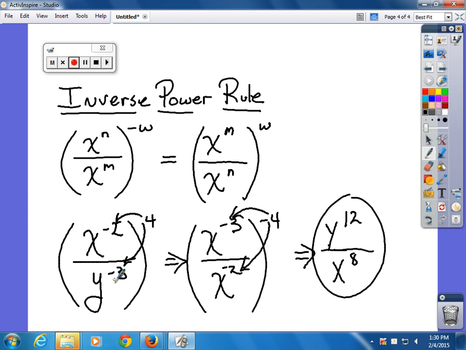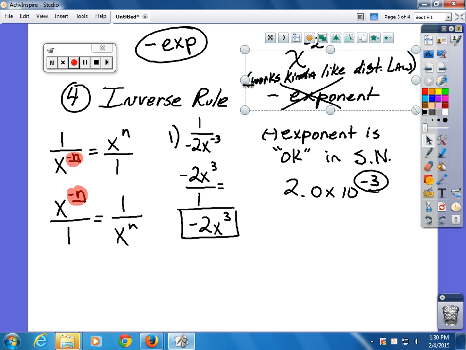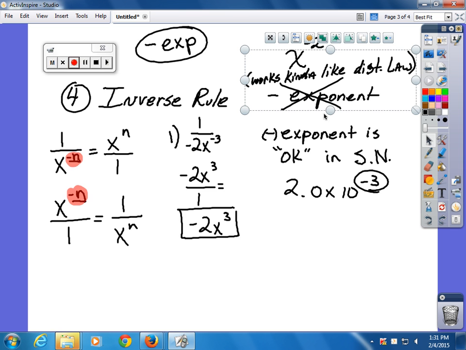So once you use the power rule, go back to the power rule and put out to the side how it works, kind of like the distributive law. Oops, that's the wrong one. The power rule. Let me work this and do this. It's probably not exactly good, but anyway. Photoshop, copy.